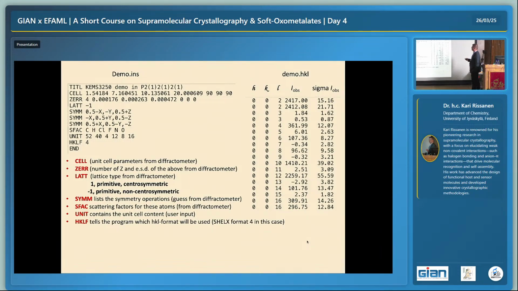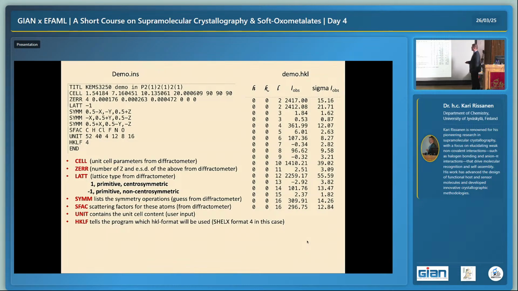But now 003 is virtually 0. It means, okay, look, 003, where the L is odd, seems to be very small or 0. Look, 0, 0, 3, minus.